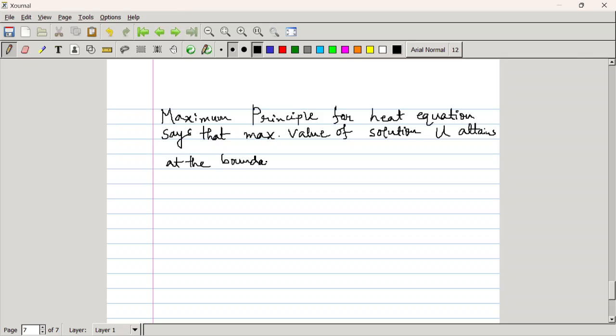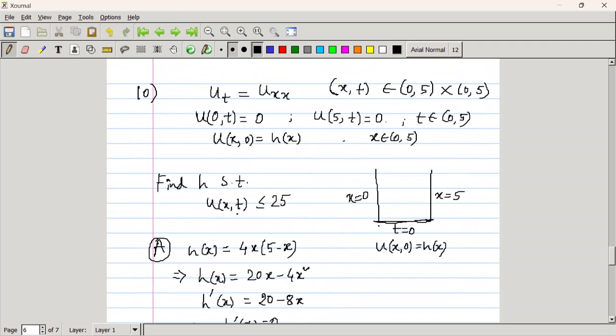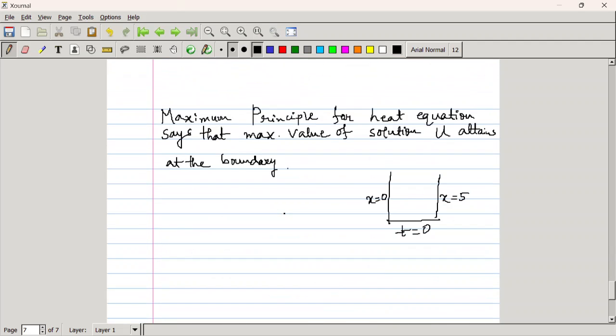Here the boundaries are x equal to 0, x equal to 5, and t equal to 0. For option A, the maximum value 25 attains at t equal to 0, and I have to find those h such that u(x, t) is less than or equal to 25. So option A is correct because it attains its maximum value.